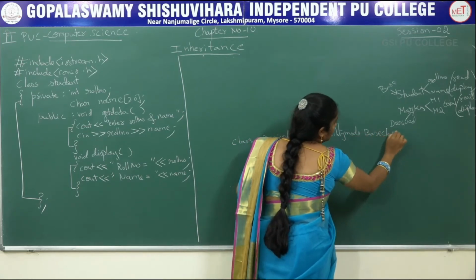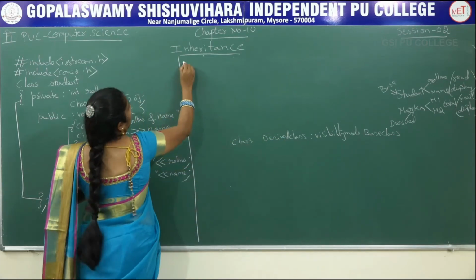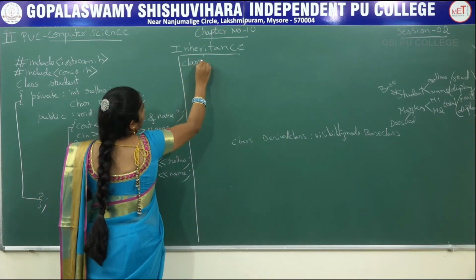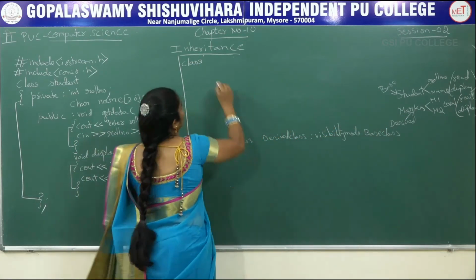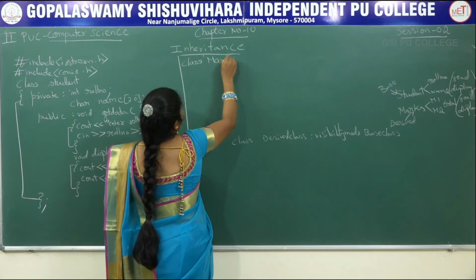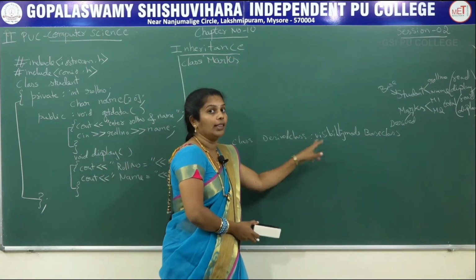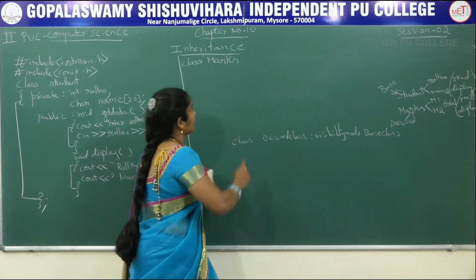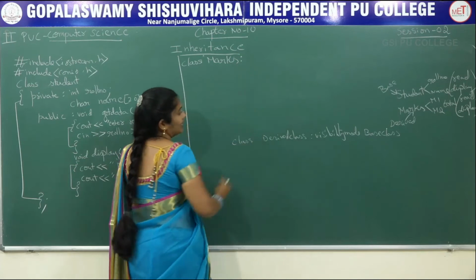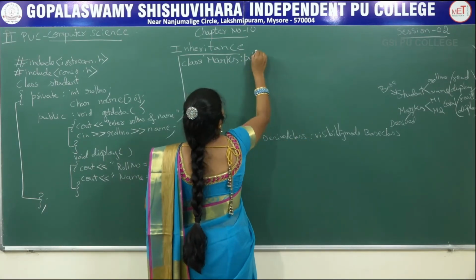Now how to create the derived class? First I have to use the keyword class. What is the derived class? Here we have marks as the derived class. What's the next thing I have to write? Here I have to put colon. Under no circumstances should you put a semicolon here. Compulsorily you have to write colon. What's the next thing? Visibility mode. Here I am going to write public.